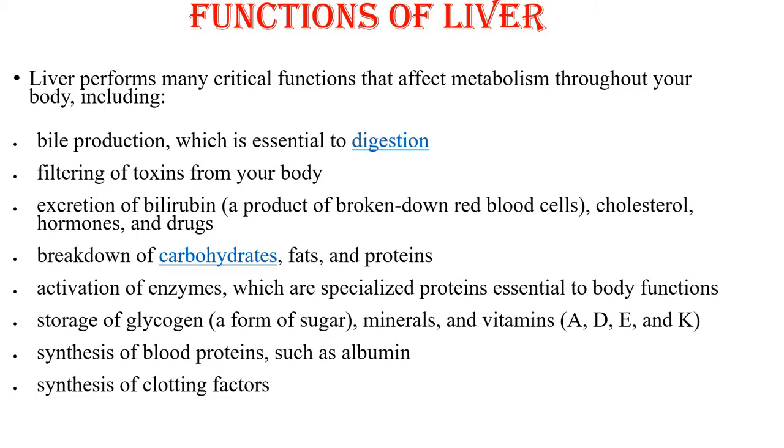And as you know, the liver is a vital organ as it performs many critical functions that affect metabolism throughout our body, including bile production, which is essential to digestion. The bile is essential for emulsification of fat, so fatty food cannot be digested in absence of the proper functioning of the liver.